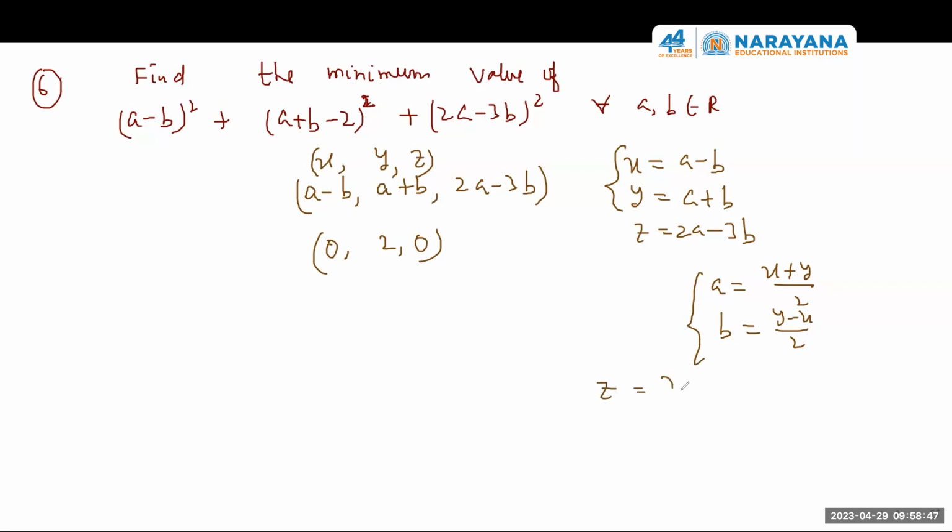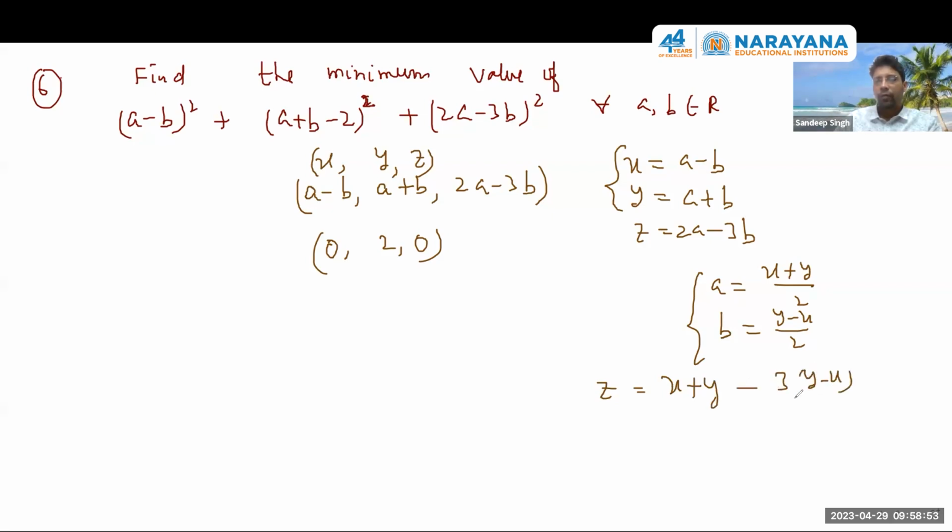Yes, sir. So z equal to x plus y minus 3b, y minus x by 2. So this is 2z equal to 2x plus 2y minus 3y plus 3x. So this is 5x minus y minus 2z equal to 0.